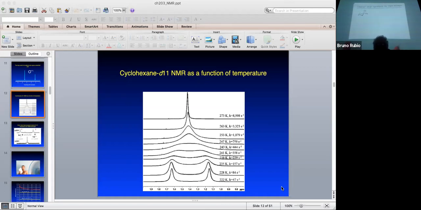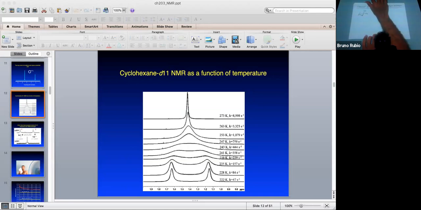So we would like to explain what is happening here, and what is happening here is chemical shift equivalence by a rapid mechanism. At 273 Kelvin, the axial protons and the equatorial protons show the same chemical shift, but at lower temperature, the chemical shifts of the axial and the equatorial are different, and that's the prediction that we came up with just based on symmetry.